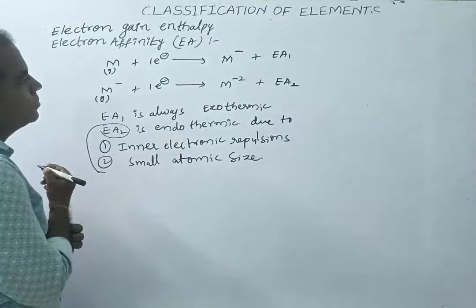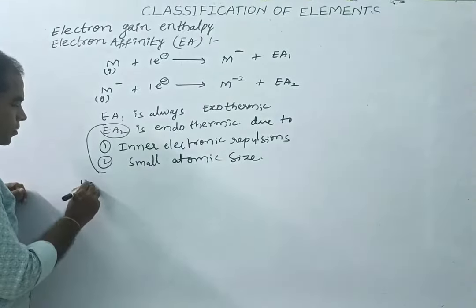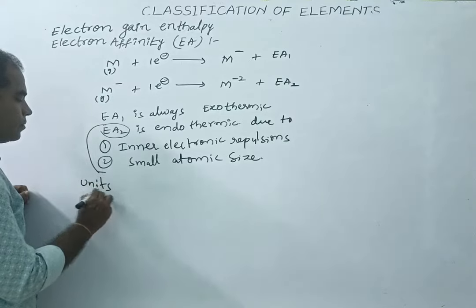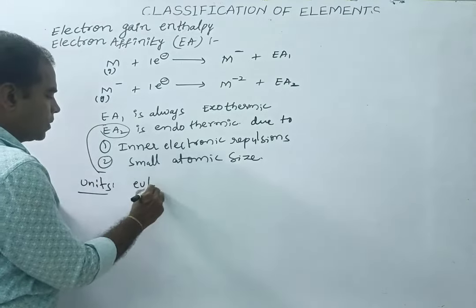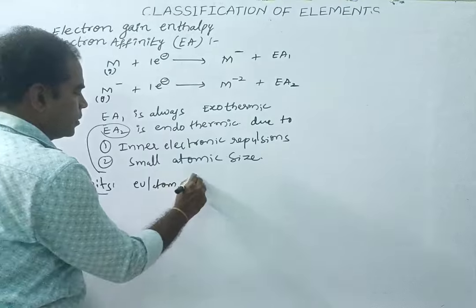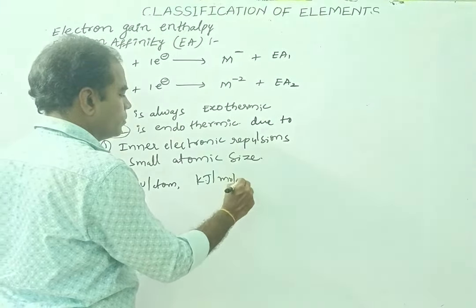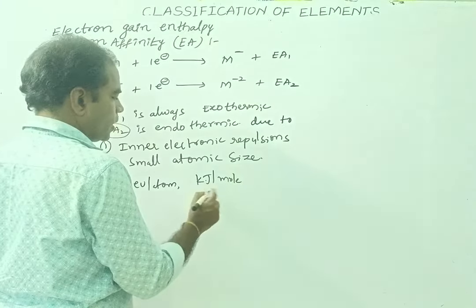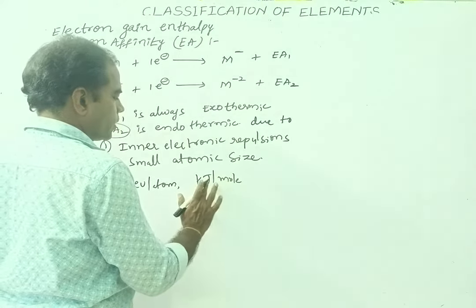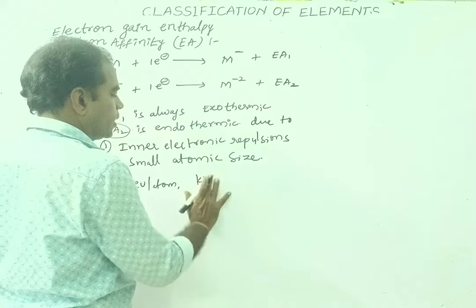See, units of electron affinity: electron volt per atom, kilojoule per mole, or kilocalorie per mole.